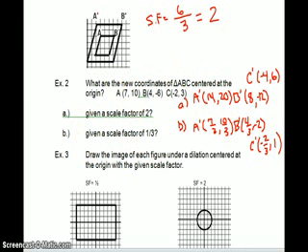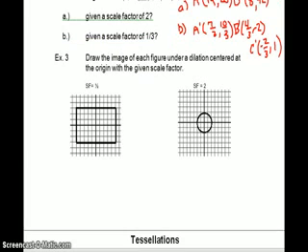Okay? Example 3. Draw the image of each figure under a dilation centered at the origin with the given scale factor. Okay, so our scale factor here is 1/2, so we're going to make this one half as big.